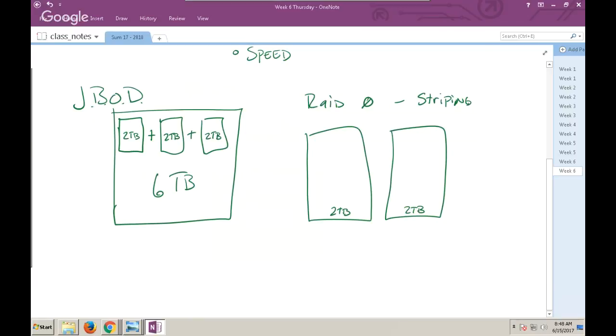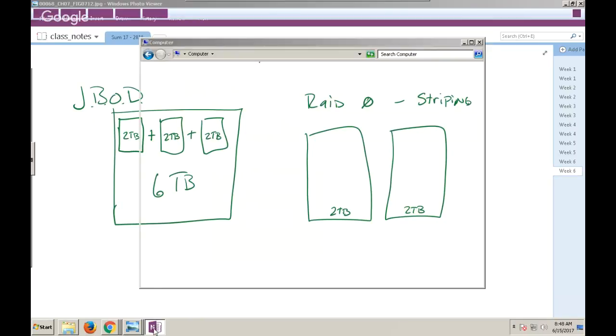It's much like JBOD in that it's additive. But rather than simply appending the disks together, we are going to take the data and stripe it, i.e. distribute it between each of the disks.